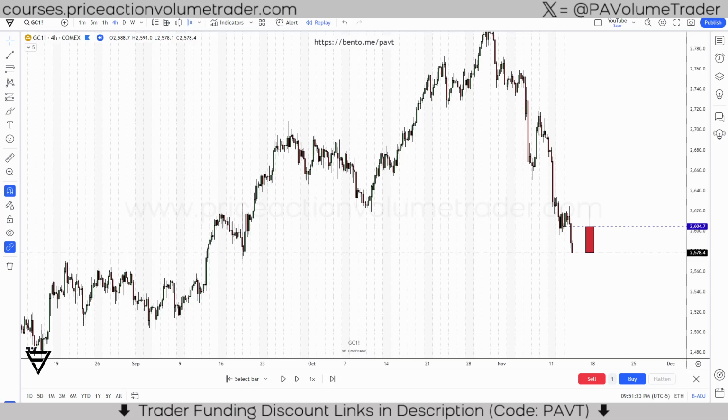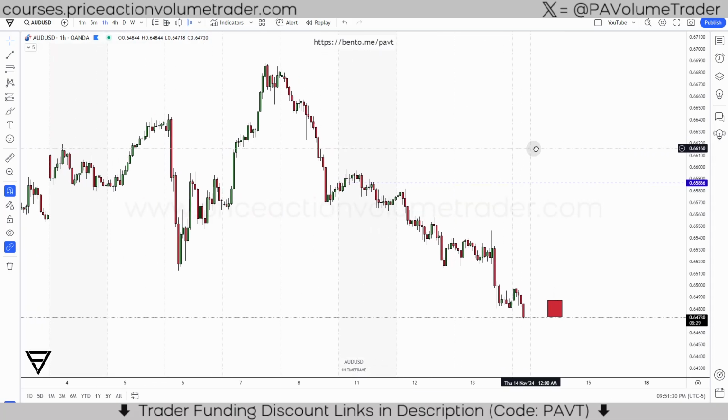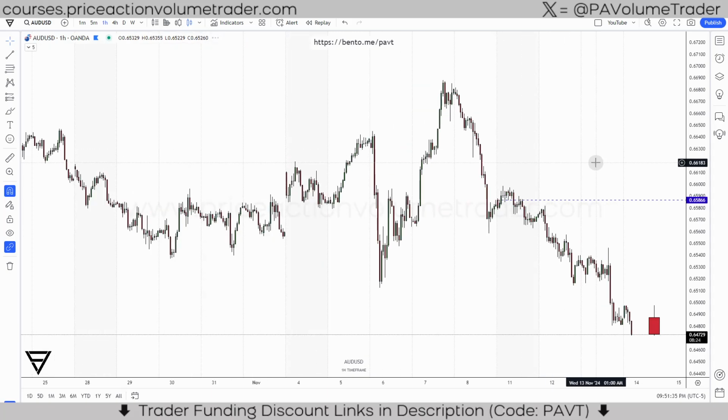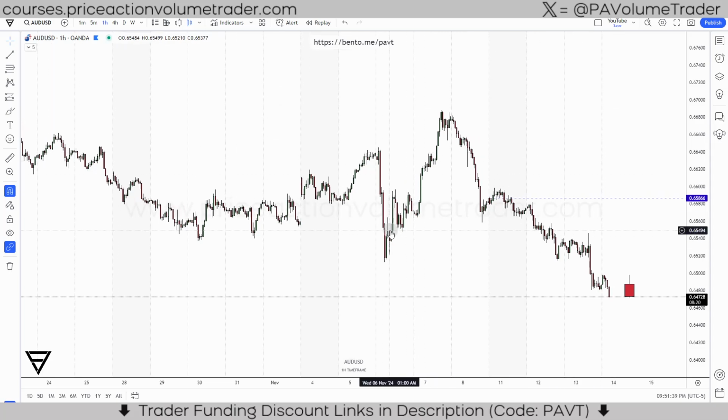Okay, and let's finish off with one last example in Forex, the Australian dollar, US dollar, which you can see we had a very bearish day here on Friday, November 8th.